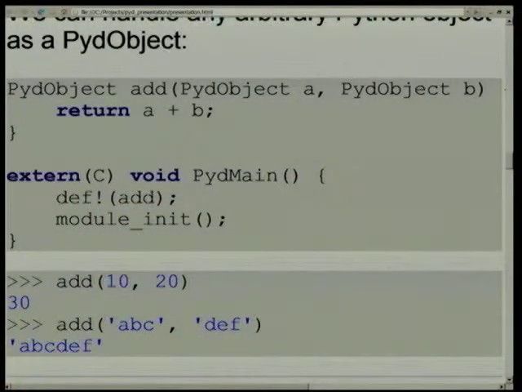PydObject is a very simple class. You pass it a PyObject star, or a raw Python object, to the constructor. There's an optional Boolean flag for whether it will steal ownership of the object, that is, whether it will increment the reference count. And then the destructor decrements the reference count.